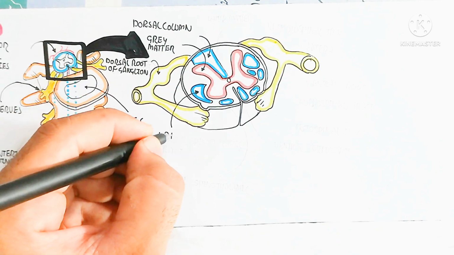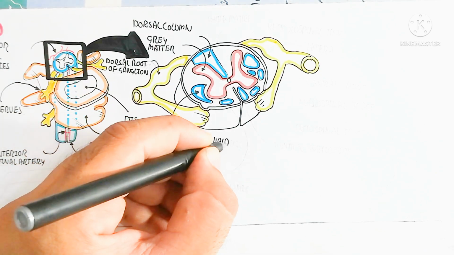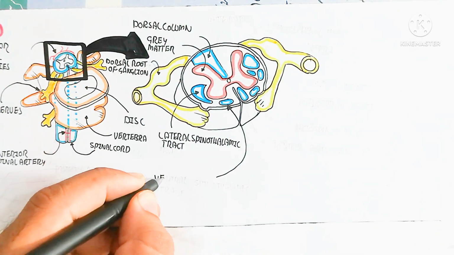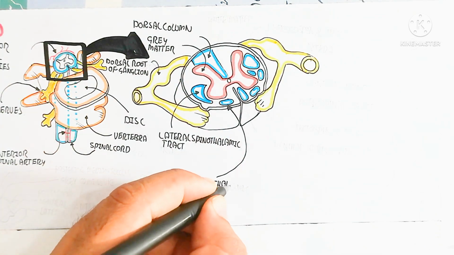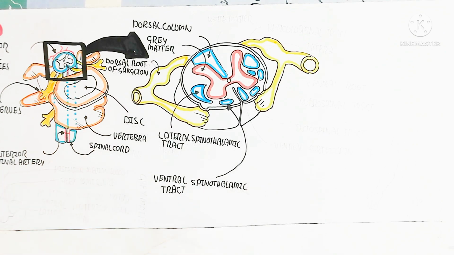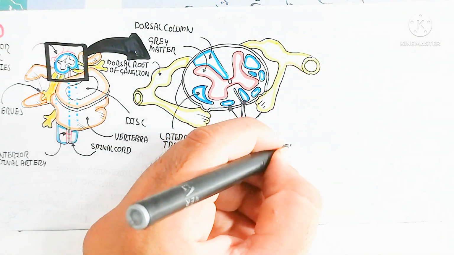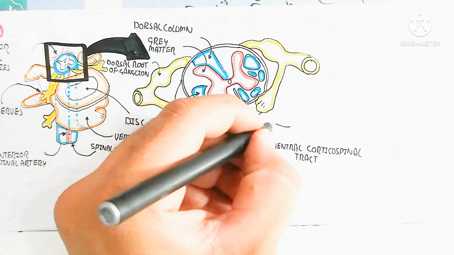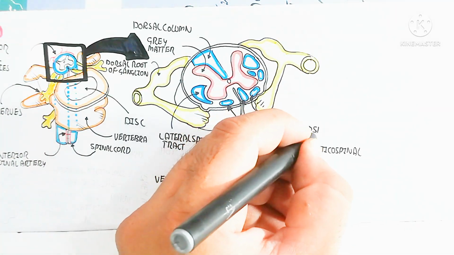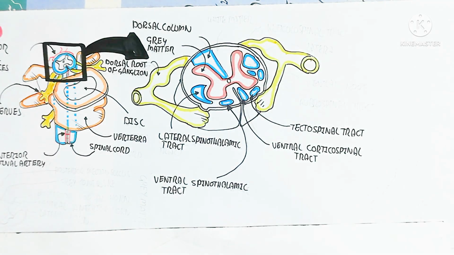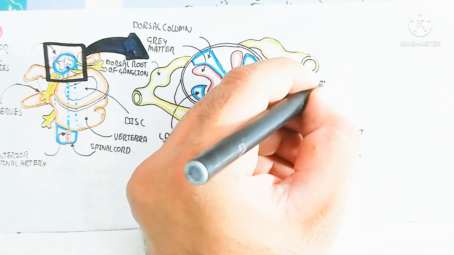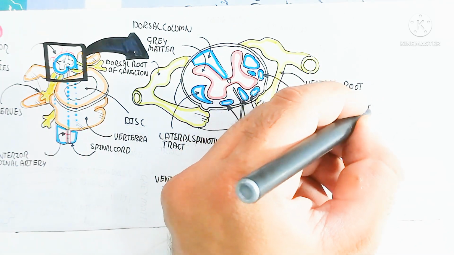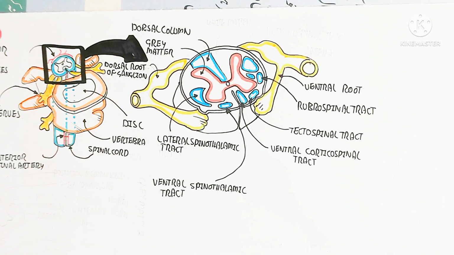This gray matter is a butterfly-like structure, and this is the dorsal column, which is used for the dorsal column lemniscus pathway. This is the lateral spinothalamic tract and the ventral spinothalamic tract, and this is the tectospinal tract. This is the ventral corticospinal tract, and the tectospinal tract and the rubrospinal tract are used for flexor muscle tone, and here is a ventral root.